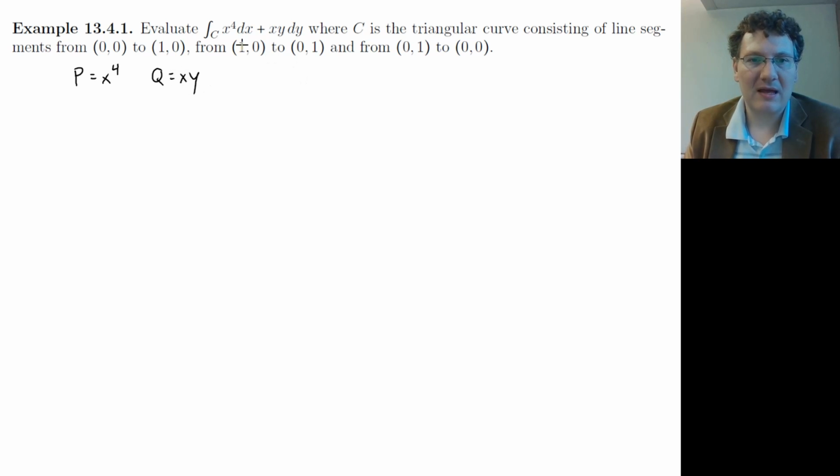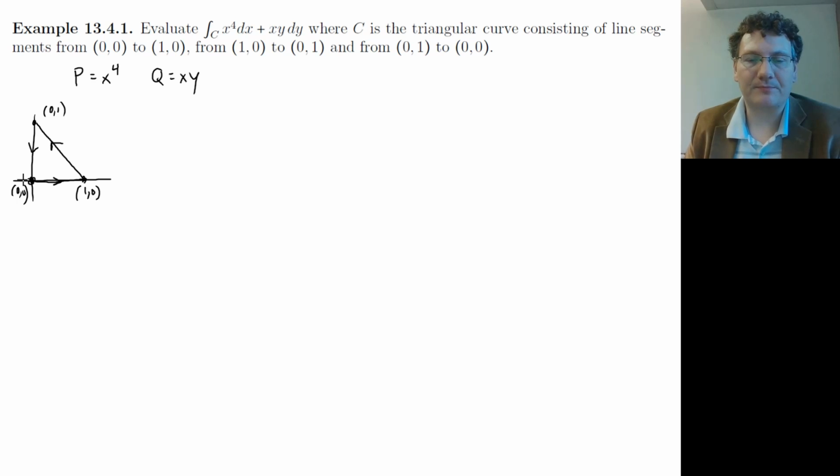So we're integrating x to the fourth dx plus xy dy, and C is a triangular curve consisting of line segments. Here are the points. We have 0, 0, and we're going to 1, 0. Then we go from 1, 0 to 0, 1, and back down from 0, 1 to 0, 0.